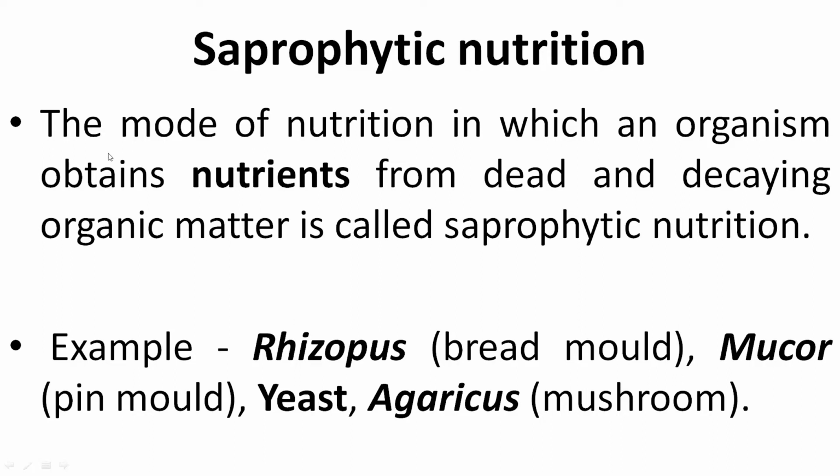So this is saprophytic nutrition, which actually grows on dead and decaying matter and obtains its nutrients from that decaying organic matter. Examples are Rhizopus, bread mold, Mucor, pin mold, yeast, and Agaricus. You know that mushrooms especially grow on dead and decaying matter only. So this type of nutrition is known as the saprophytic mode of nutrition.